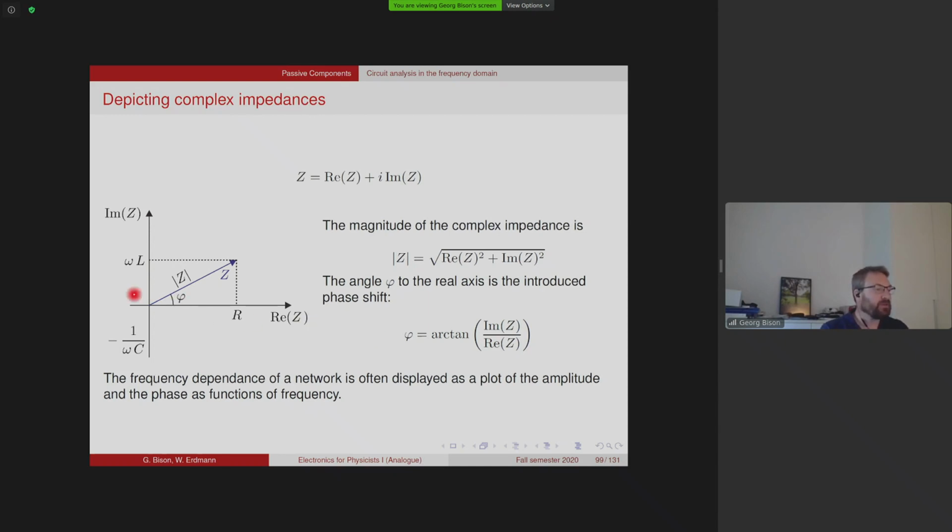Now, if we have an inductor, as you've seen just now, there is a positive imaginary part, so it will be some number that looks like this. If we have a capacitor, it has a negative imaginary part, so it will be a vector pointing down in this plane.